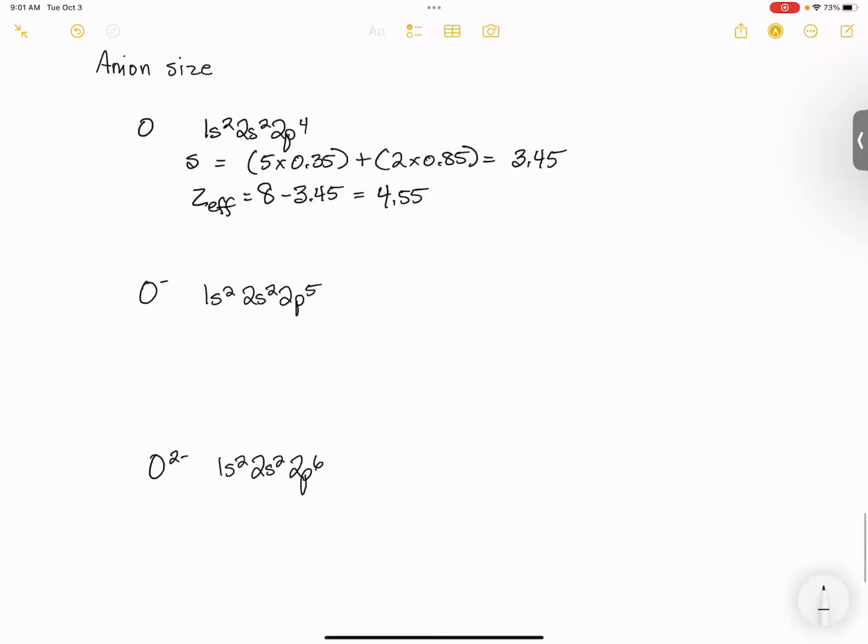For oxygen with a minus 1 charge, the shielding is 6 times 0.35 plus 2 times 0.85, which is 3.8. So my Z effective is going to equal 8 minus 3.8, which is 4.2.